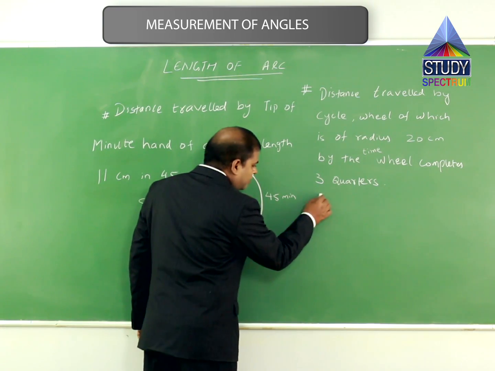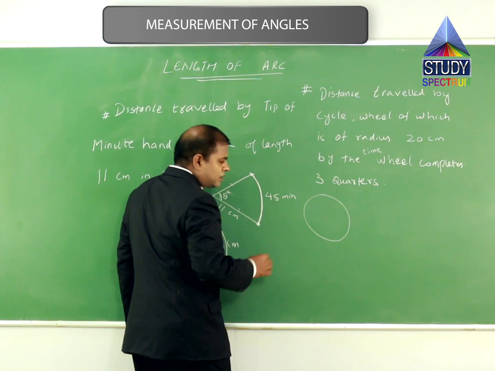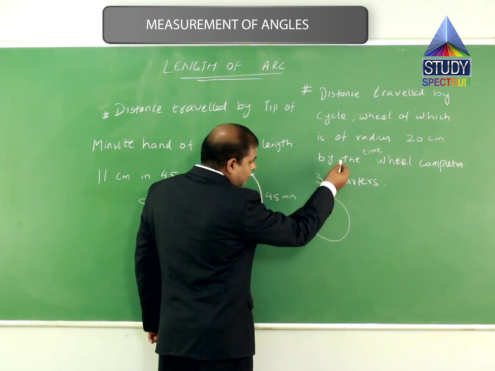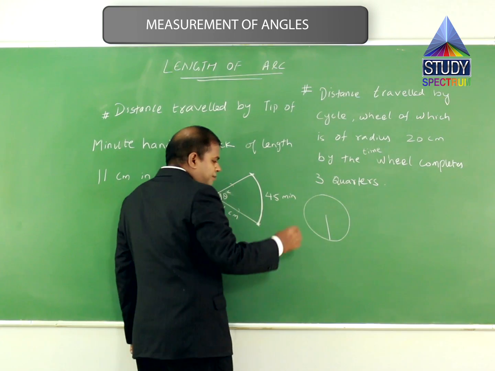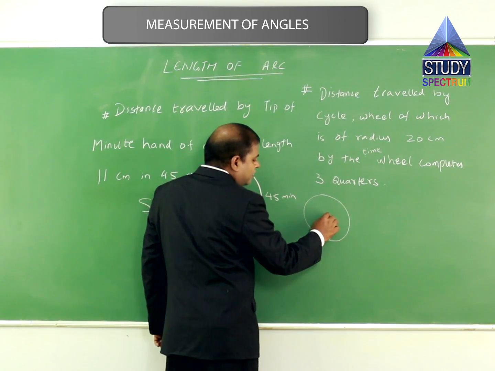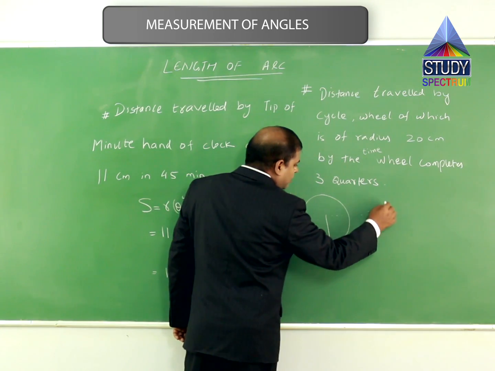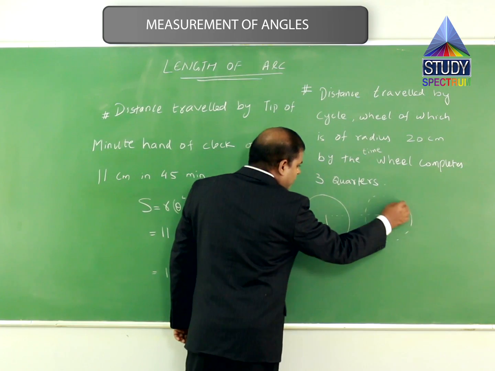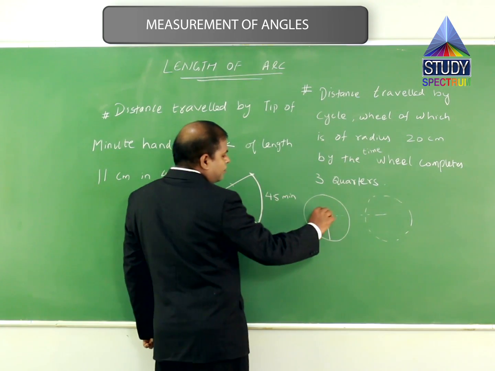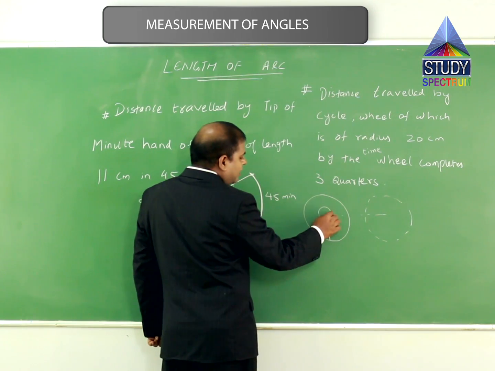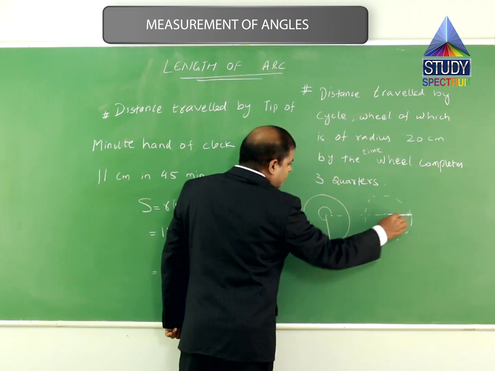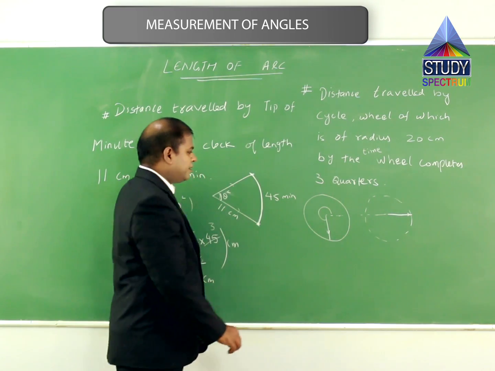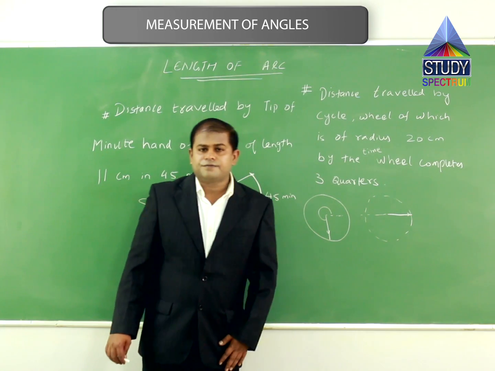So if this is the wheel, radius of which is 20 centimeter, we have to find the distance by which this cycle would have moved by the time this has completed 3 quarters, right? 3/4 of the rotation.